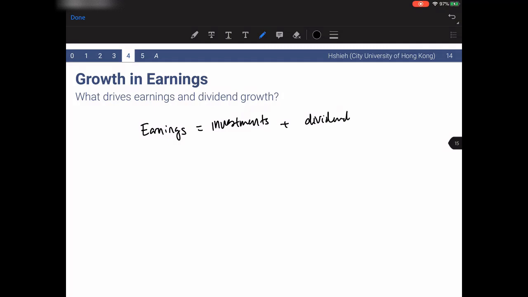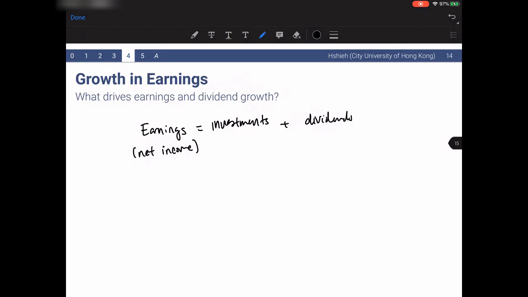Investments means that we keep those earnings retained within the firm, and we use those earnings to buy factories, to hire new workers, to buy more machines, upgrade technologies, and so forth, so that the firm becomes more efficient, produces more things, and therefore eventually leads to an increase in the growth rate of the dividends. Alternatively, if you don't reinvest in the firm, then you would pay out those earnings immediately through dividend payments.